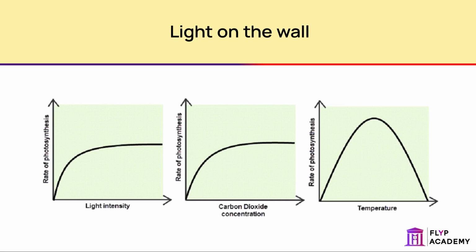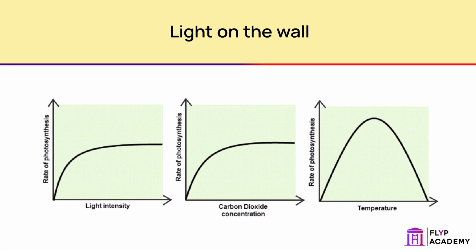What does this all mean, however, is that one of these factors will always be a limiting factor. A limiting factor is the factor that is responsible for limiting the rate of the reaction. For example, even if the carbon dioxide available was still increasing, the rate of photosynthesis will eventually stop increasing. This means that something else is limiting the rate, such as light intensity.